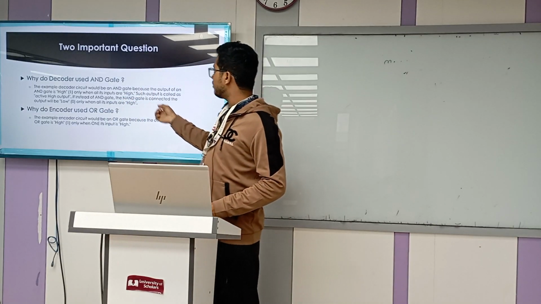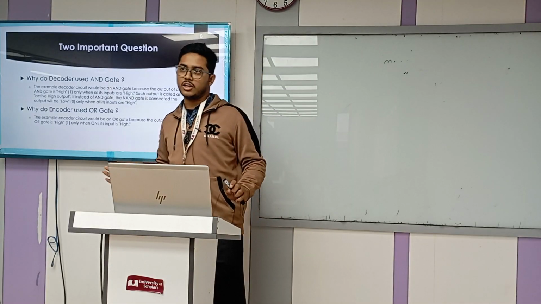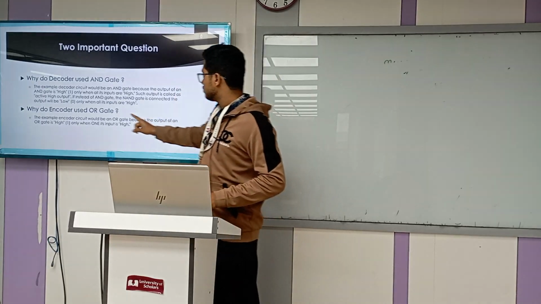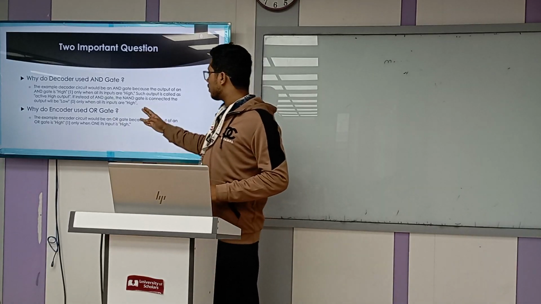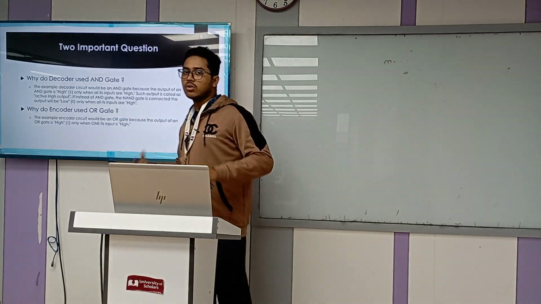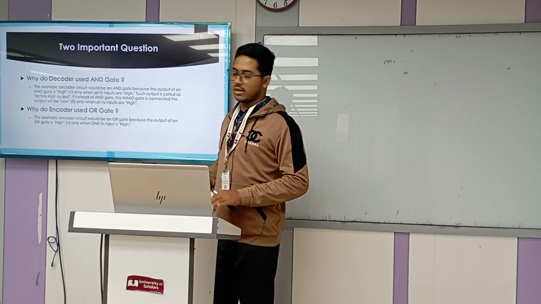And similarly the encoder: when only one input is high, then we get output high. So we use an OR gate for the encoder's truth table and logic diagram.